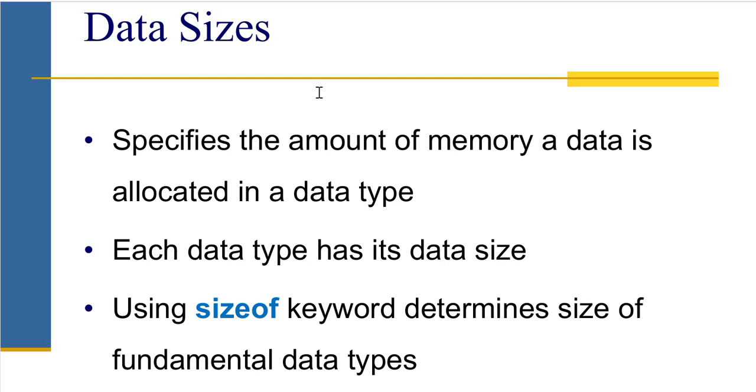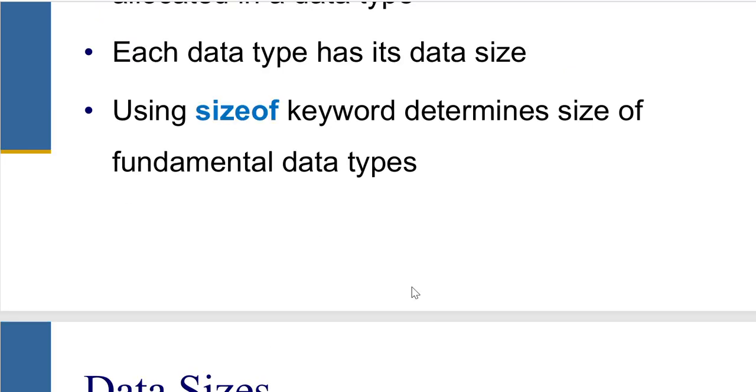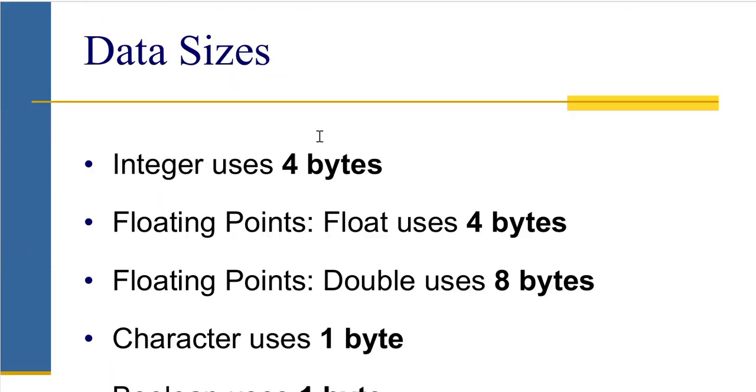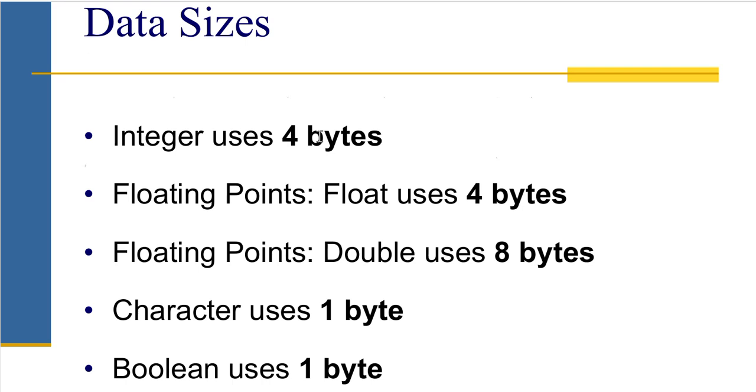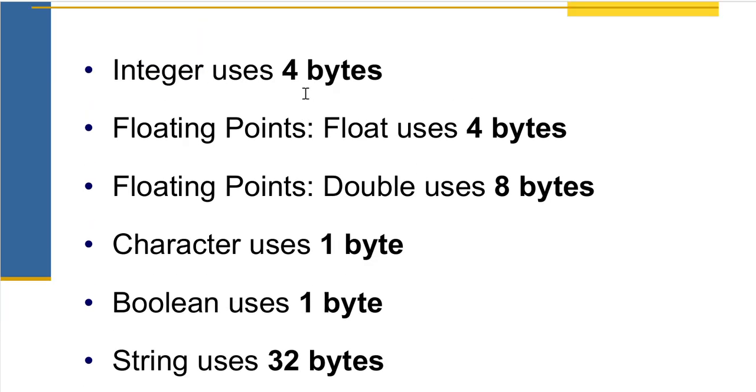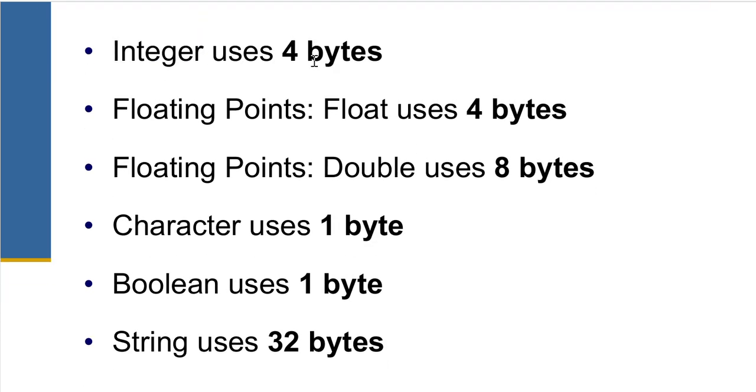And when we talk about data size, it's basically the memory allocation for each data type. So if you want to see the data size, then we use the keyword sizeof. So in your code, you just use the sizeof function to check for the data size.